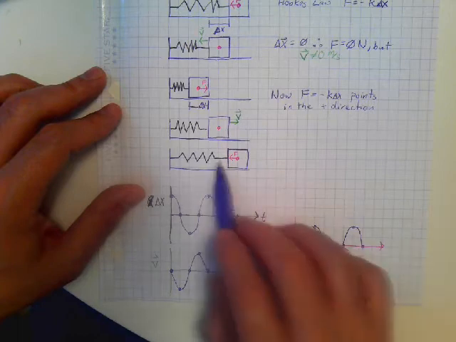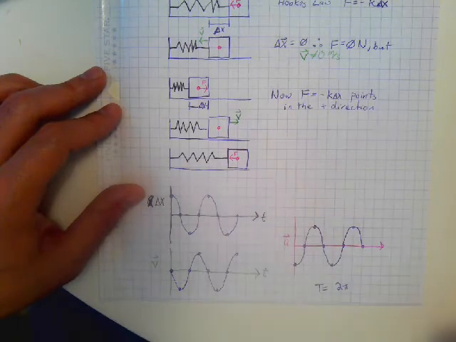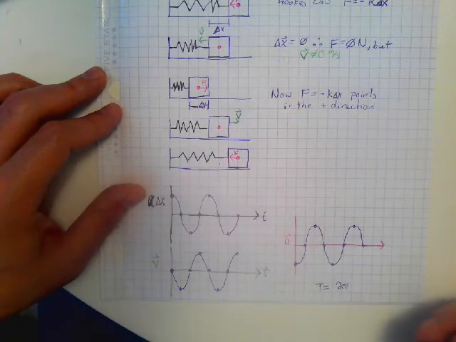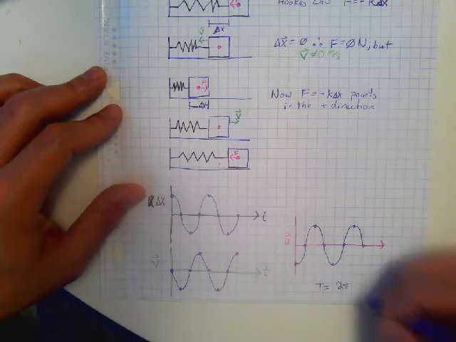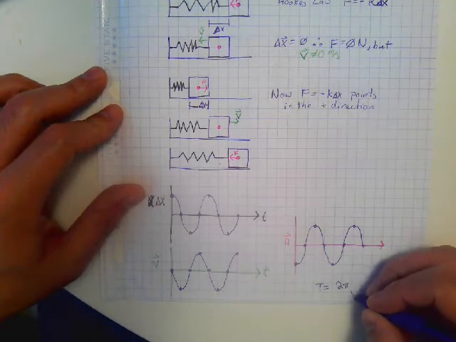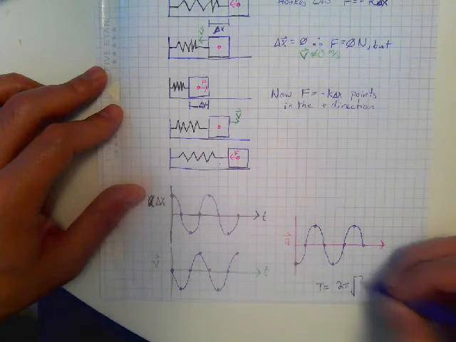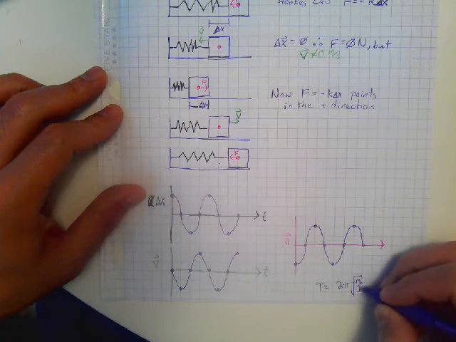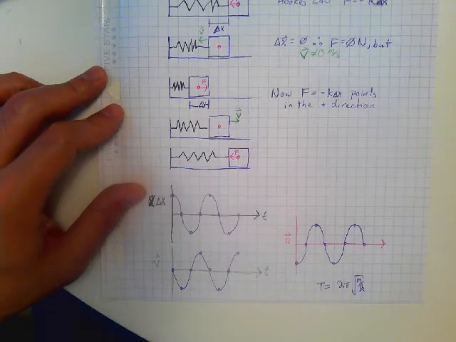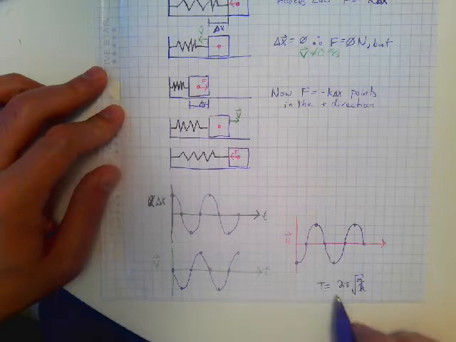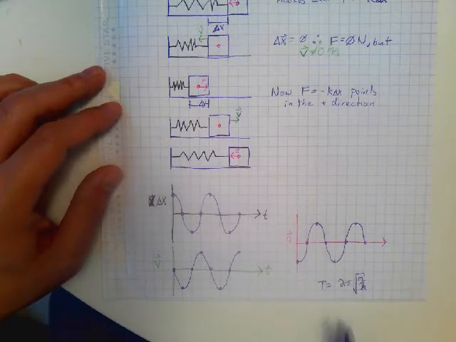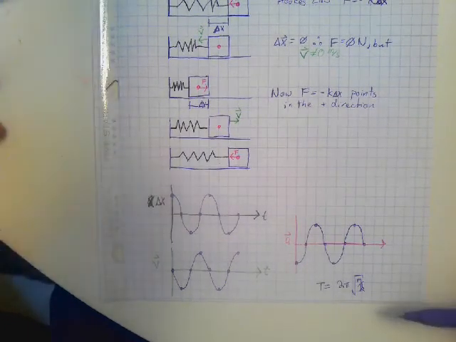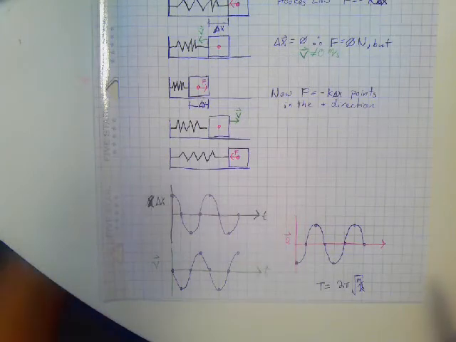And then the k constant here, because that determines the force, the more the k is, the smaller the period will be. So it's going to be 2 pi and then the square root of mass over our k spring constant value. So that's the period for any mass and spring system.